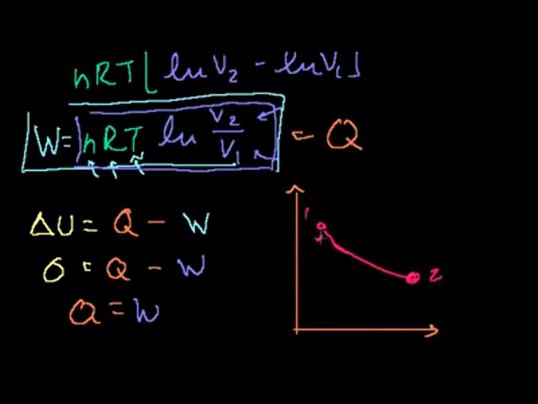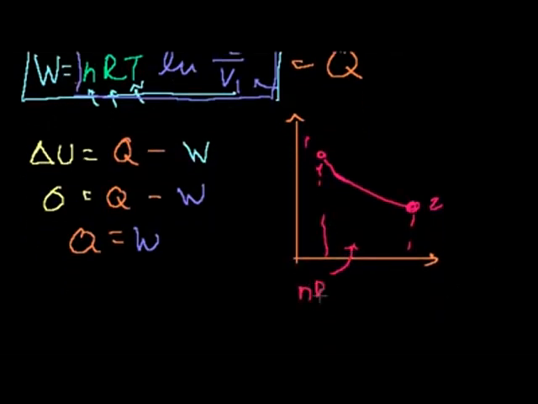And now we calculated the area under this, which is the work done, which was this value right here. Let me write it there. It's nRT natural log of V2 over V1. This is V2. This is V1. This whole axis, remember, was the V-axis, volume axis. This axis here was the pressure axis.